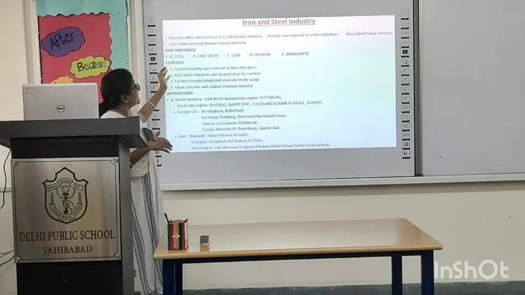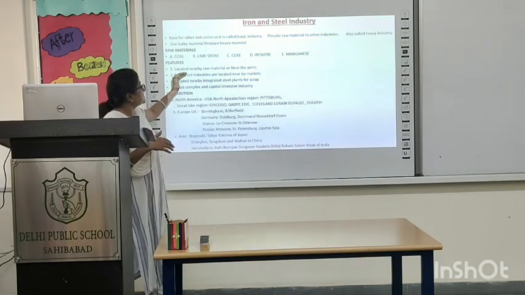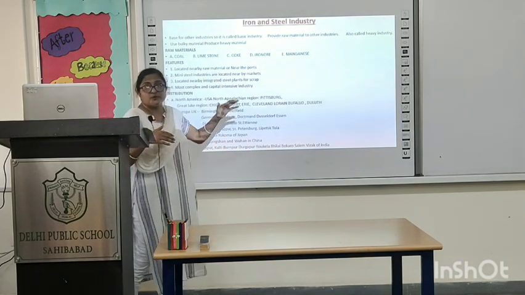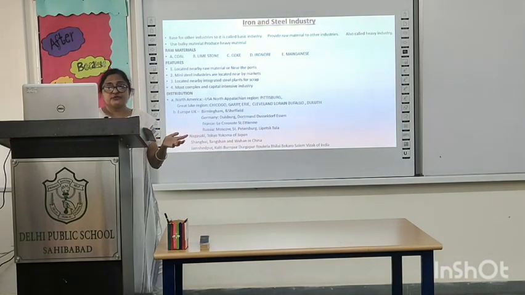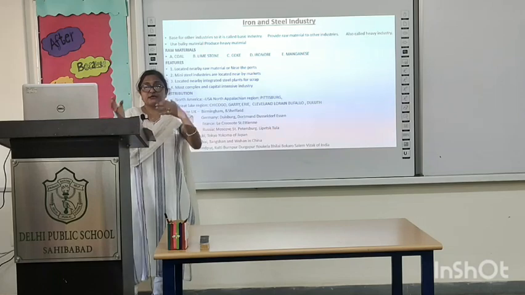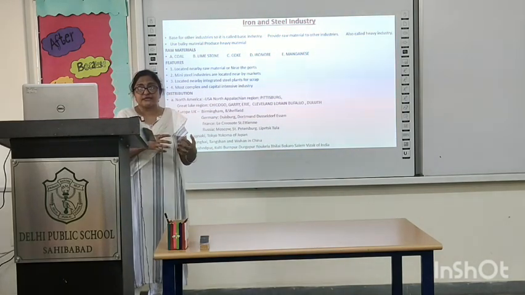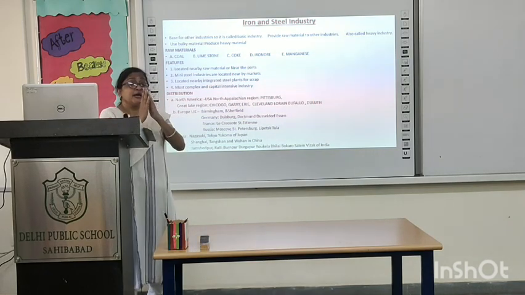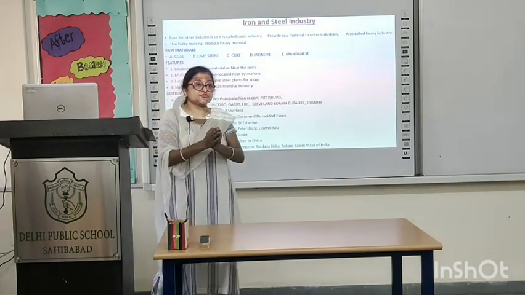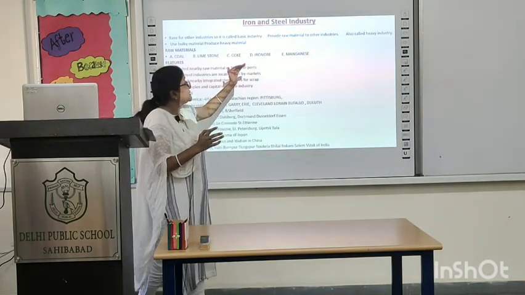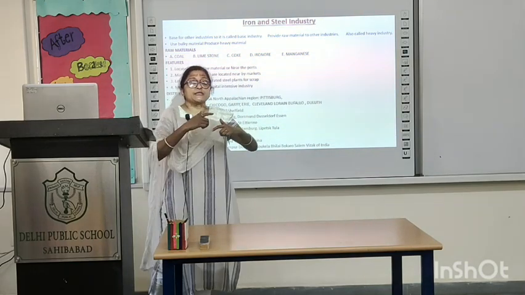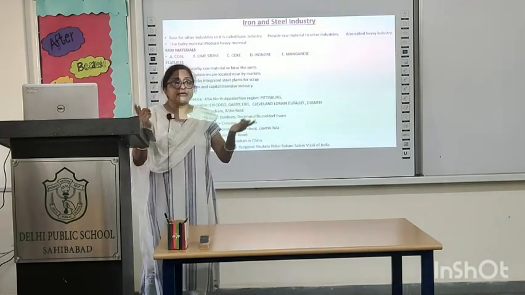The main features of the iron and steel industry are that it is located near raw material, near ports, and many steel industries are located near markets, or near integrated steel plants for scrap. It is the most complex and capital intensive industry, and that's why it is called the backbone of all industries.